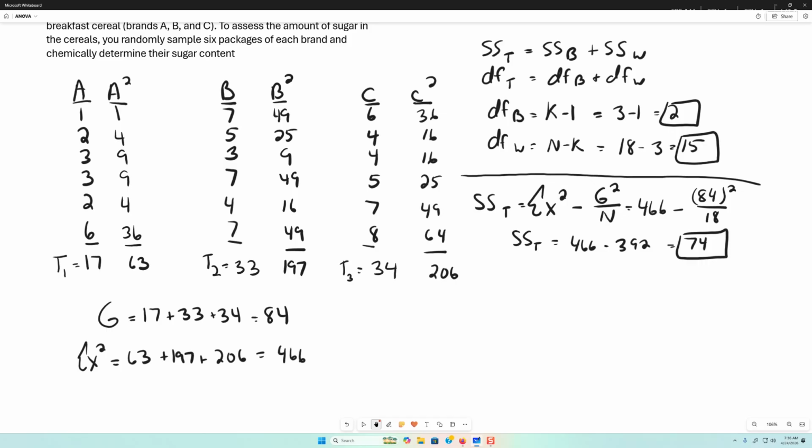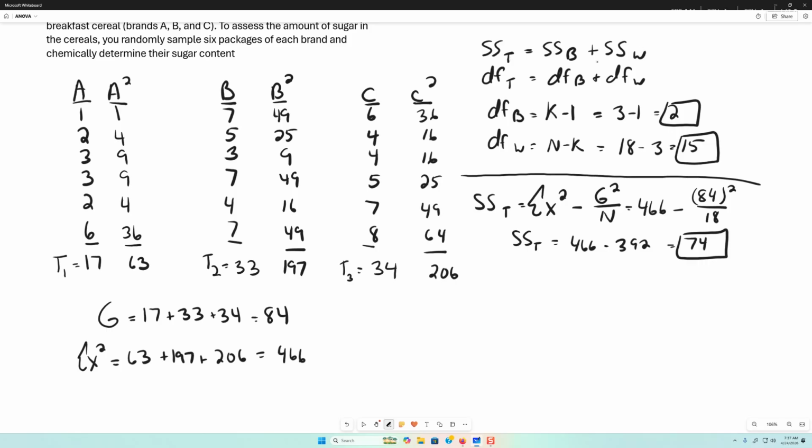So that's a measure of total variability in the entire data set, regardless of condition. And remember, sum of squares total is equal to between plus within. So if I have total, I only need one more of these, right? So if I have 74 here for total, all I have to do is find the within.